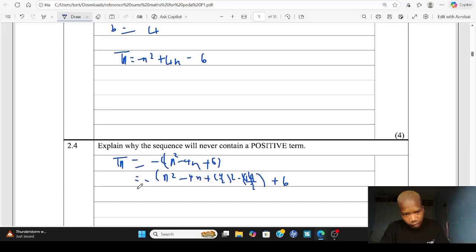So we can get that that's minus (n minus 2) squared plus 2, right?